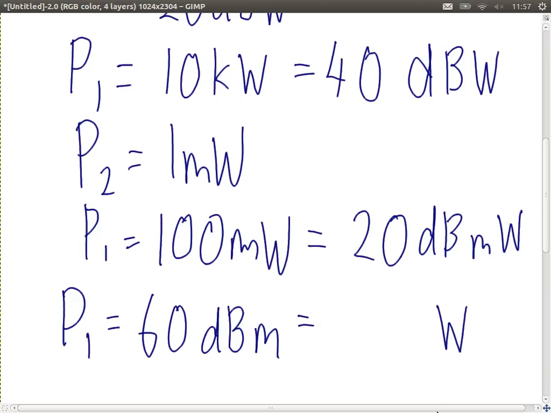So I say that my system takes an input power of 60 dBm. How many watts? If you can solve it and tell me the answer, you can go home.